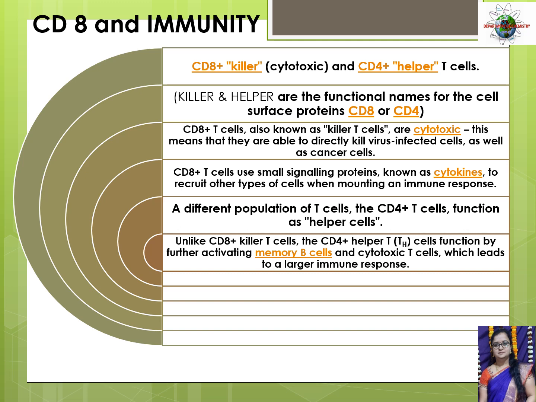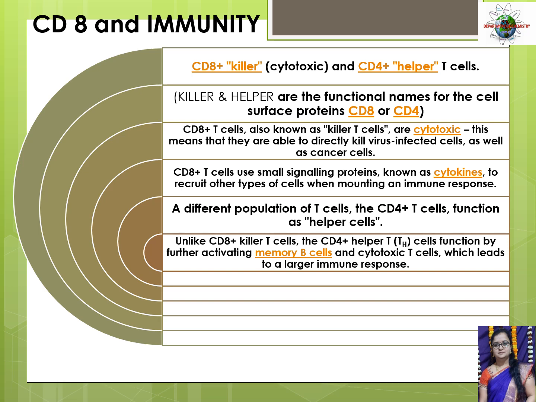CD8 plus, otherwise known as killer, they are cytotoxic, and CD4 plus are helper T cells. Killer and helper are the functional names of the cell surface proteins CD8 and CD4. CD8 plus T cells, also known as killer T cells, are cytotoxic. This means that they are able to directly kill virus infected cells as well as cancer cells.